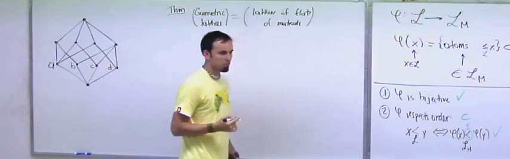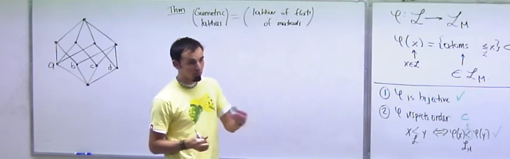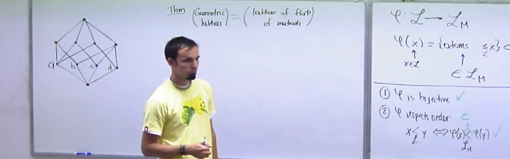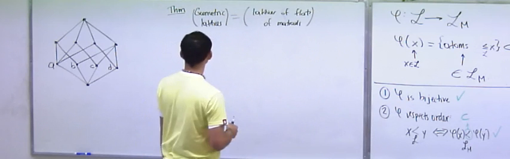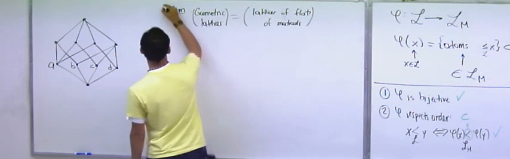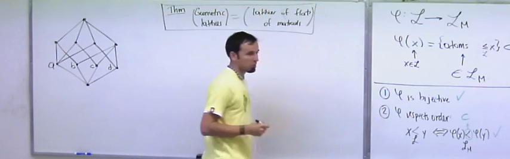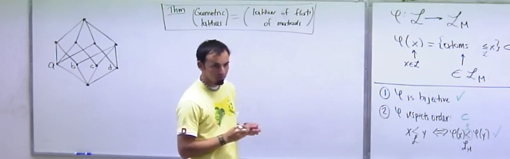But the question is, for example, we saw already that different graphs can give you the same matroid. And we're going to ask a similar question now: can different matroids give you the same lattice?